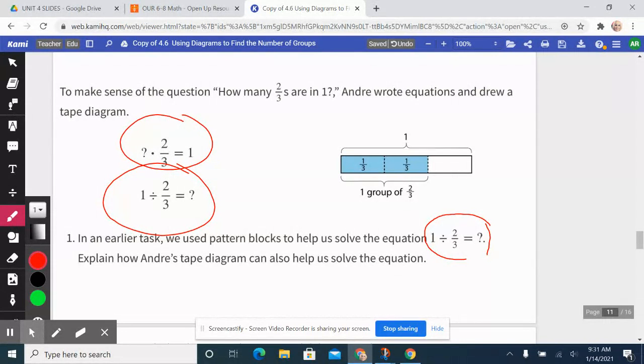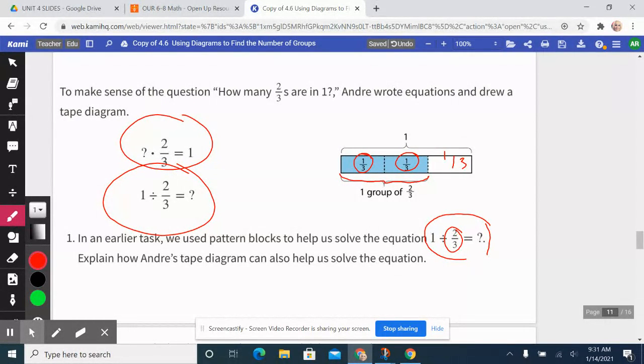So what's going on is this is a third, this is a third, and this is technically a third. But we're only dealing with 2/3, right? So this group here, that is one group of 2/3.